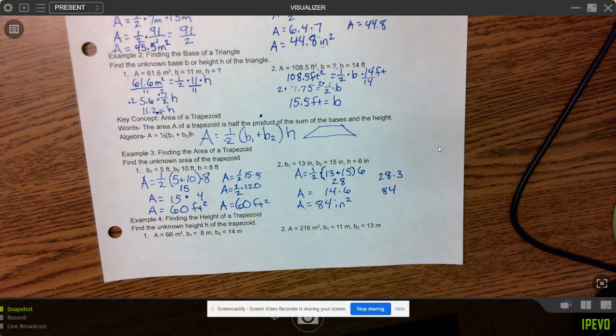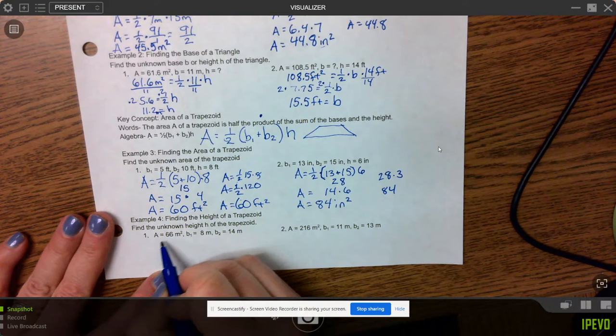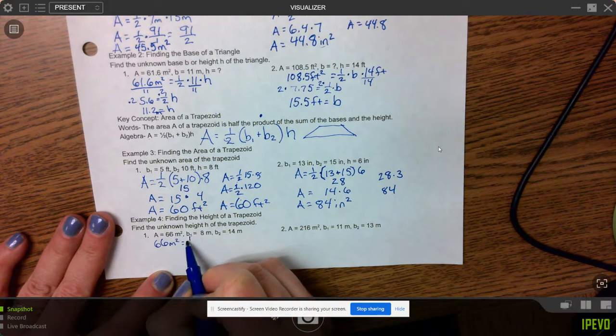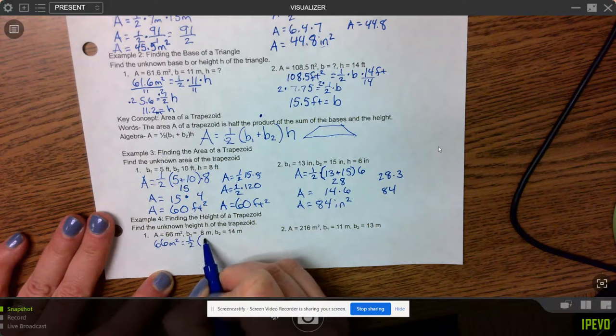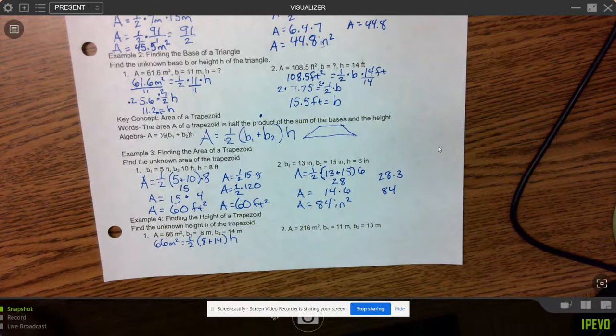We fill in the information we know, and then we do the opposites to solve for it. So our area is 66 meters squared. 1/2 of base 1 plus base 2 times h. So this time, instead of solving for the area, we're solving for the height, for the h.